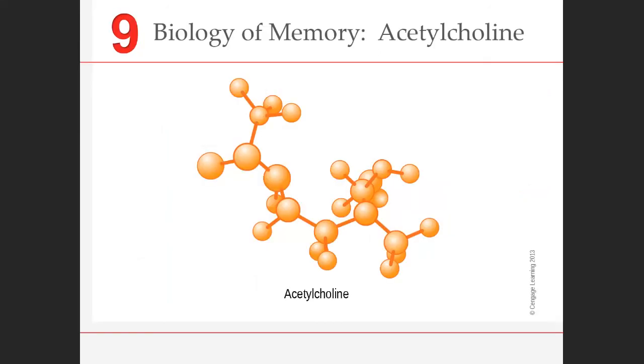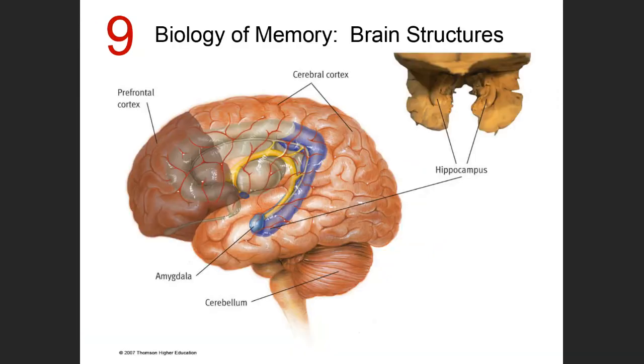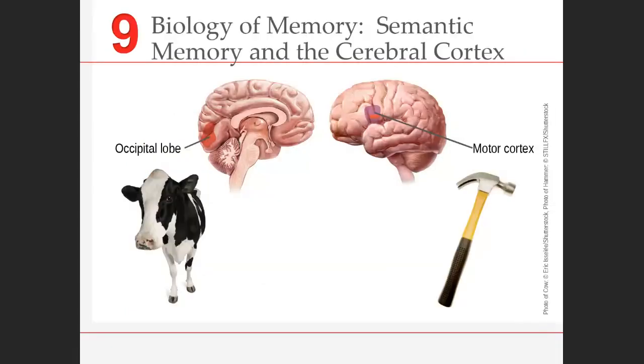So the biology of memory is that acetylcholine is a neurotransmitter involved in memory. Also, there are brain structures involved, particularly the hippocampus. It helps us in long-term memories. For semantic memory, what's interesting is that whatever lobe of the cerebral cortex is involved in the sensory part of that memory is where we'll store it.